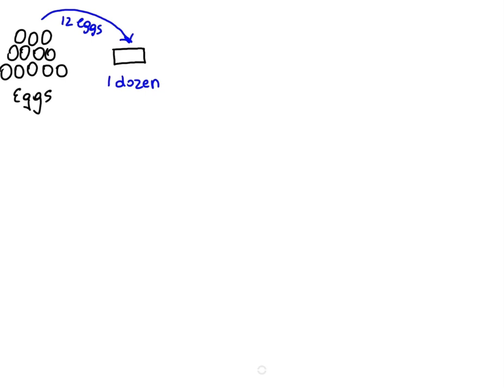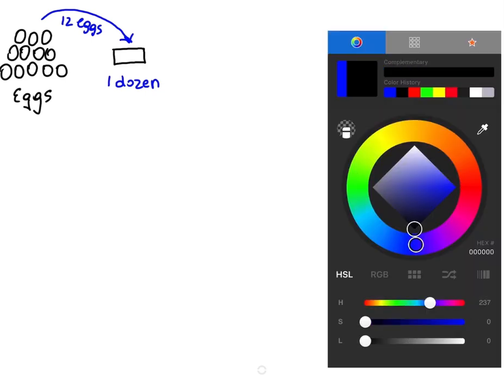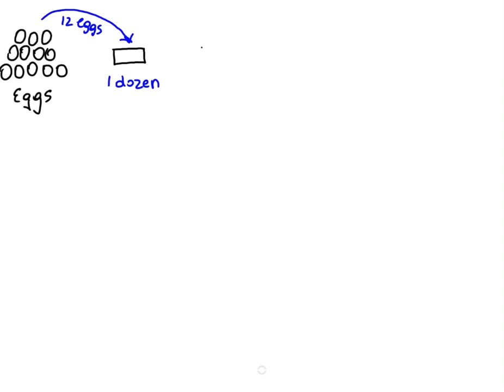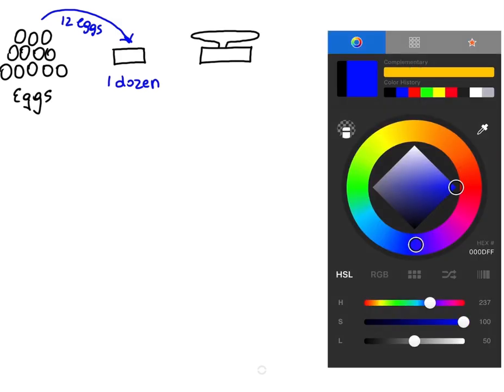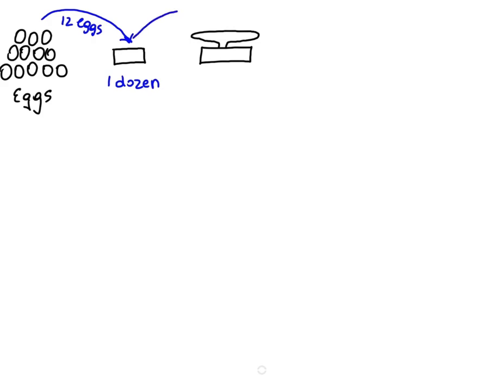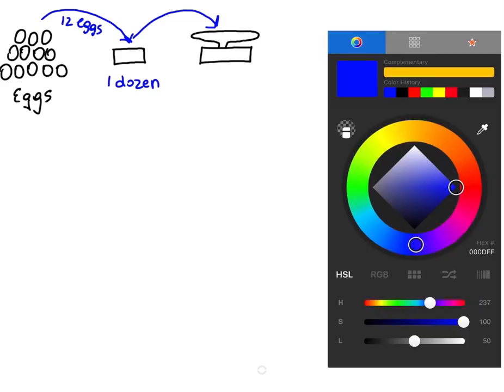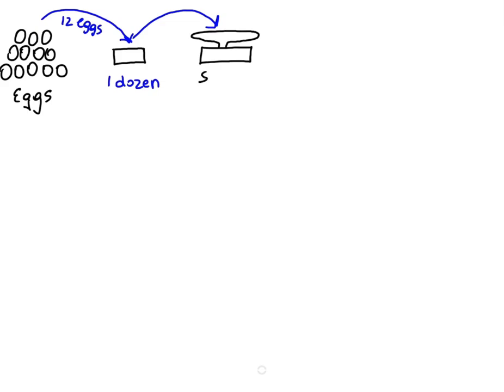So now when you want to measure the mass of this, obviously what you do is you're going to put it on the scale. And here I'm going to draw a little scale. So you transfer this whole box onto the scale and then measure it. So it's going to be 12 eggs, roughly 700-ish gram.